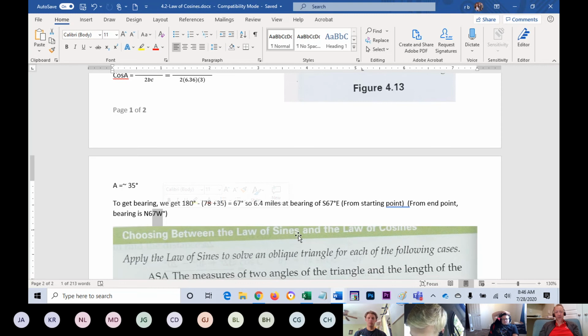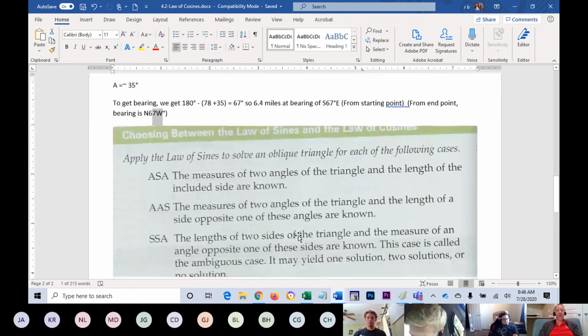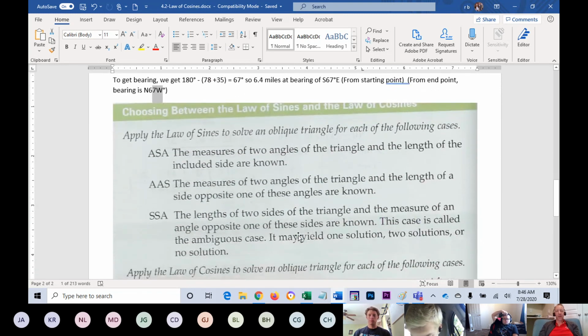Yeah. All right, so in summary, we're going to use the law of sines if we have angle, side, angle, angle, angle, side, or side, side, angle, okay? Angle, side, angle is the measure of two angles of the triangle and the length of the included side.